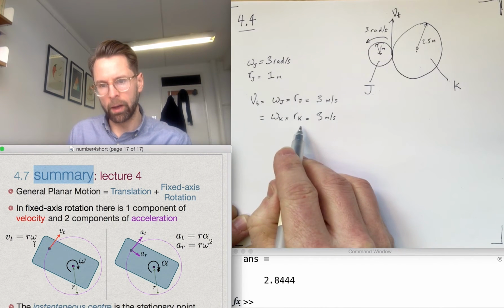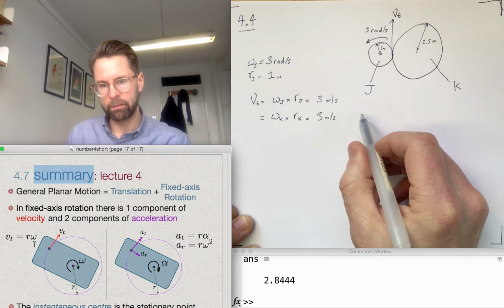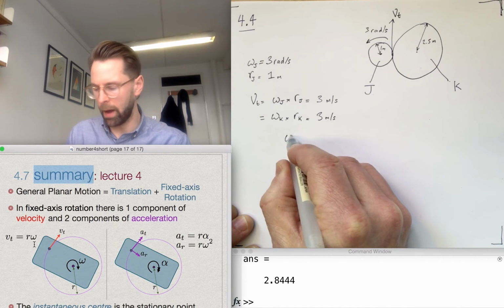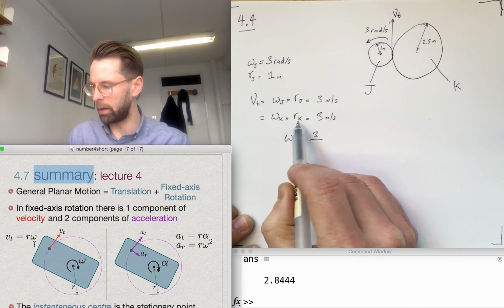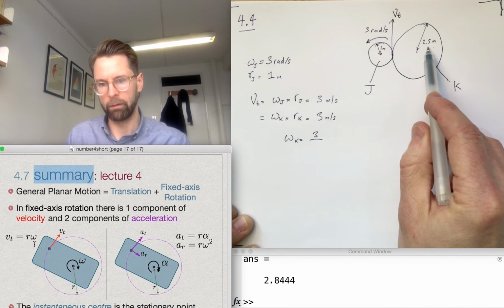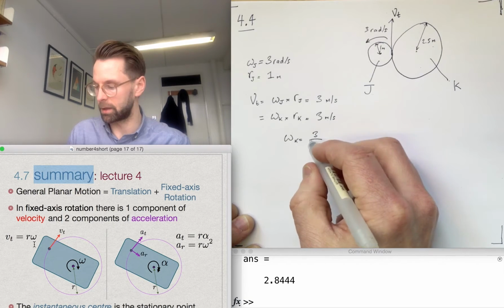Because we know Rk, we can rearrange this. So our angular velocity of K is equal to 3 divided by Rk, which is 2.5. That's the radius of disc K.